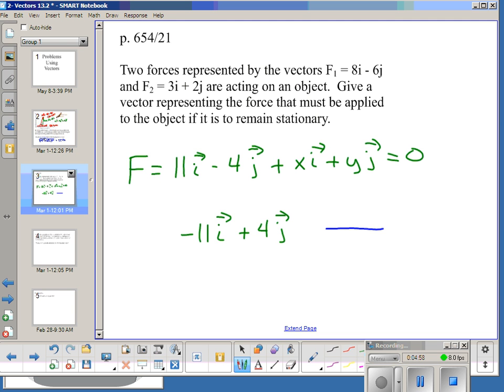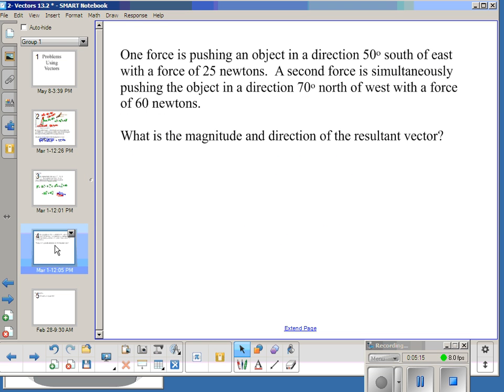So instead of going 11 and negative 4, I go negative 11 and 4, and those are the same length but different directions.